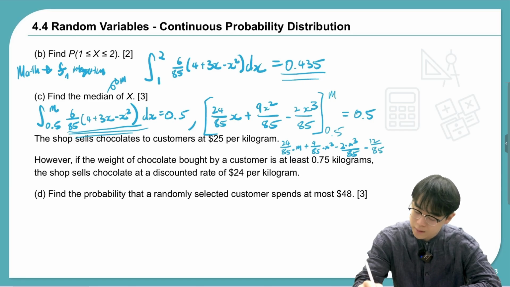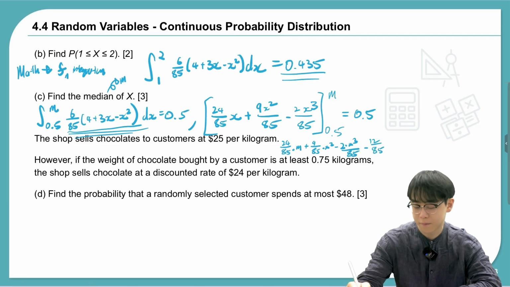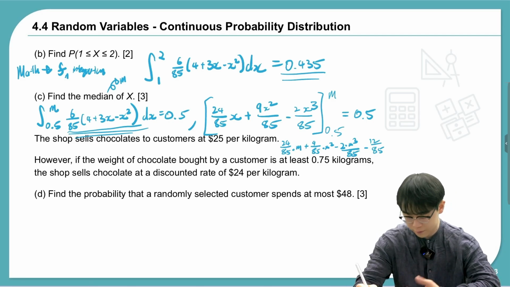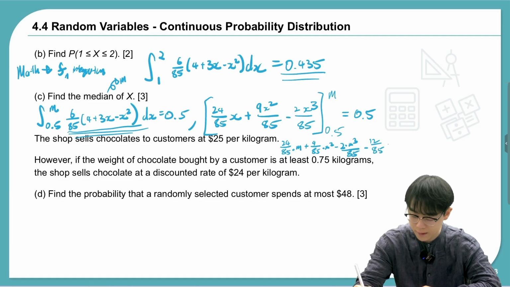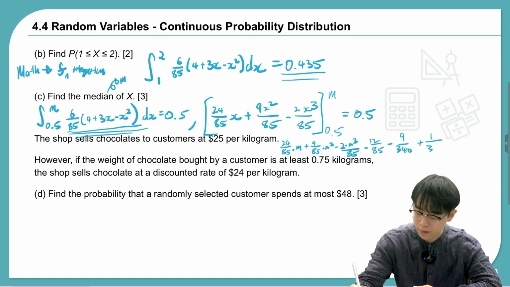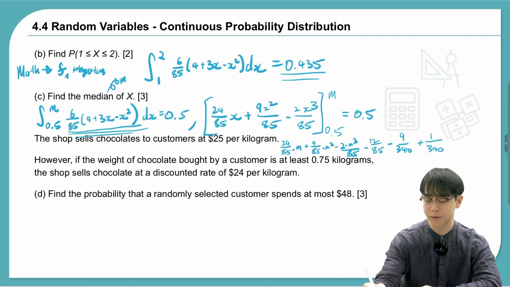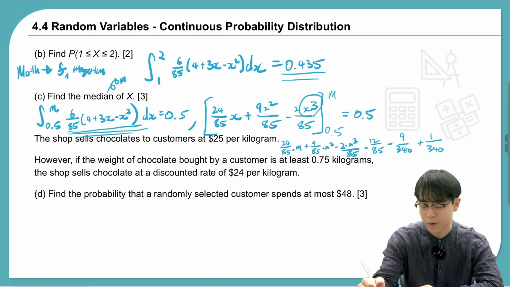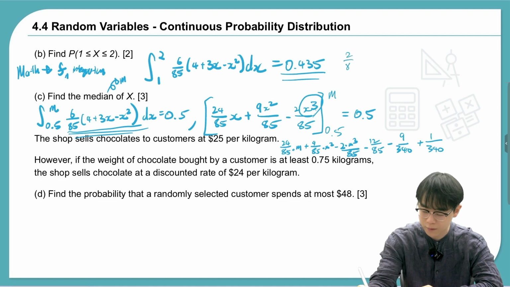Then we get plus 4, so 0.5 squared is 1 over 4, so it's minus 9 over 340. And then we get 1 over 8, so that's plus 1 over 340. Okay, so what we did is we put in x cubed, so that's 1 over 8. So 2 over 85 times 1 over 8, we know that's going to be 1 over 4, so 1 over 340. Okay, so this is going to be 0.5.